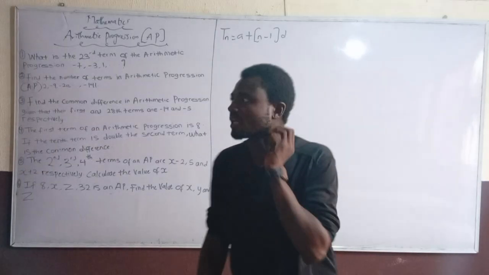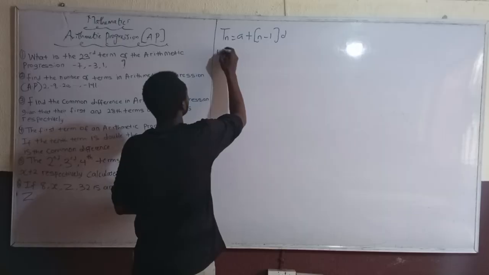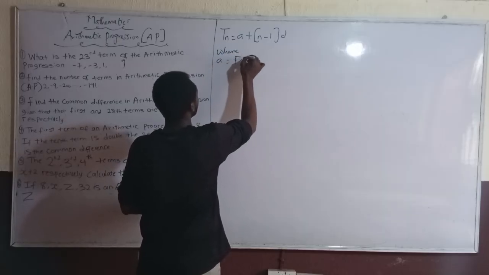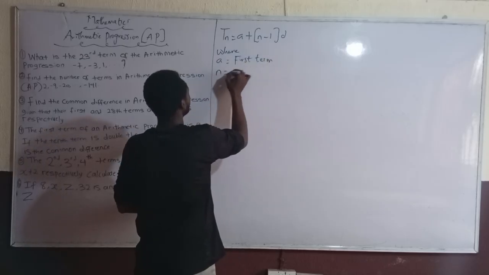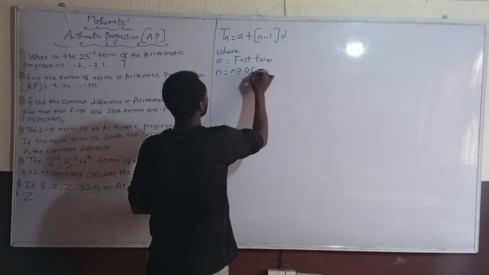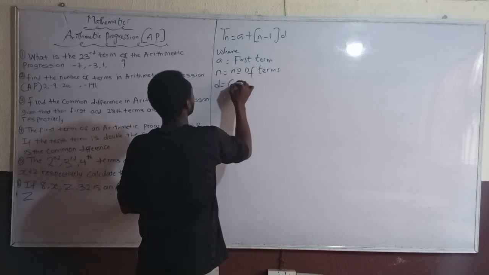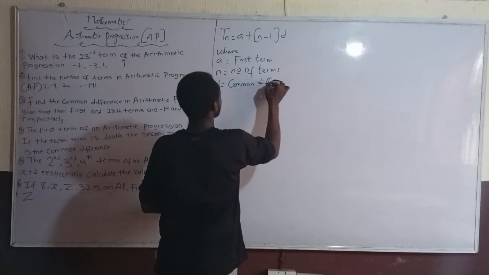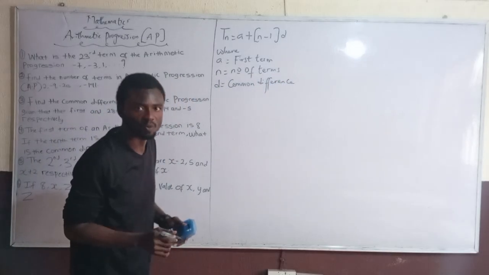Now A is the first term. Let me write it. Where A is the first term, n is the number of terms, d is the common difference, and the common difference has its formula.